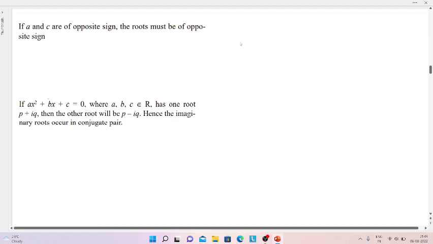Basically, you have the general quadratic equation, ax square plus bx plus c equals 0. So a is the coefficient of x square, and c is the coefficient, the constant term. If the coefficient of x square and the constant term are of opposite sign, then the roots must be of opposite sign.